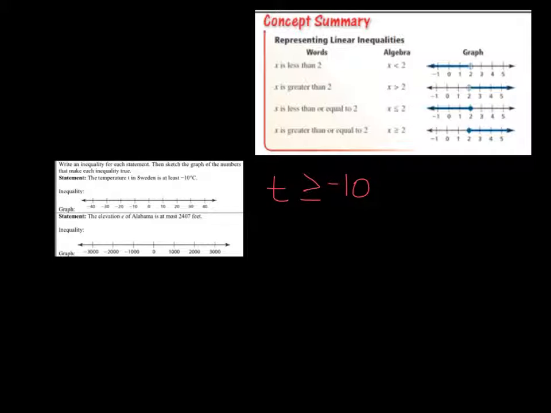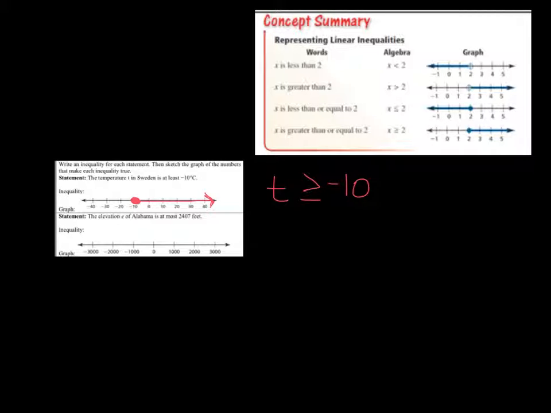If you think about the scenario in a real world way, if it's at least that, that means it's that or more. So to graph that, since it is the greater than or equal to, I know that negative 10 is part of my solution set, so I'm going to graph that with a colored in circle. And then I want all the numbers bigger than that. So those are all the numbers to the right of negative 10.